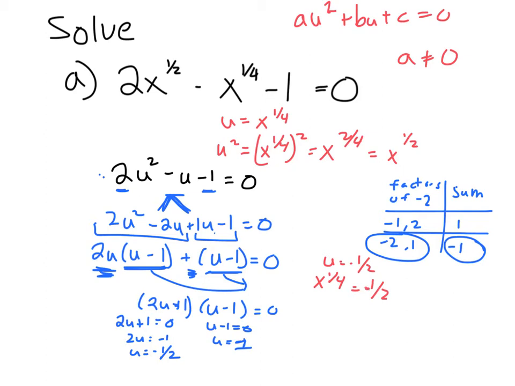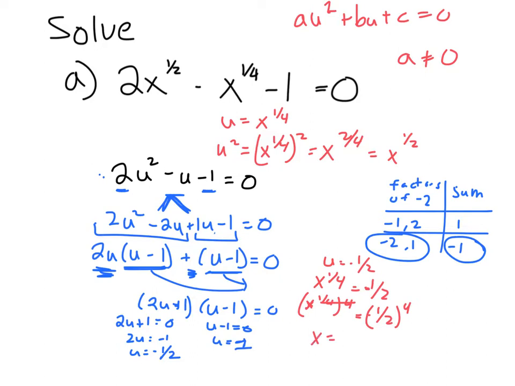Okay, so now if I were to bring both sides to the 4th power, I can solve for X. The powers cancel, and this becomes just X, equals -1/2 to the 4th power.